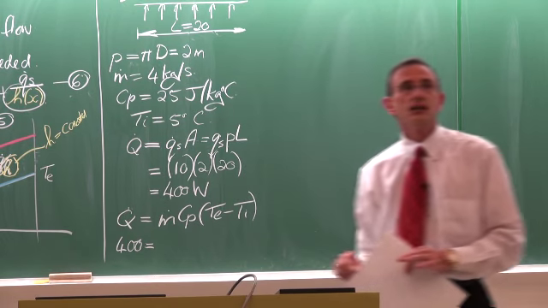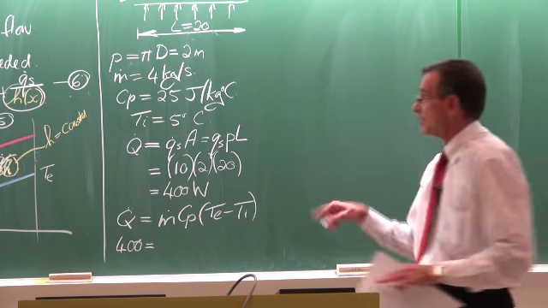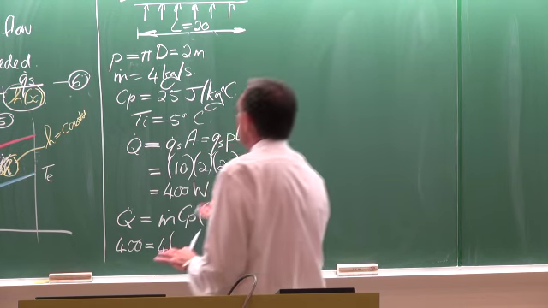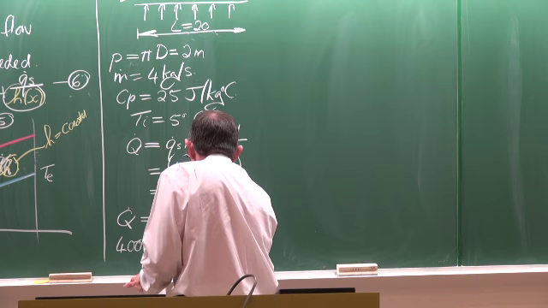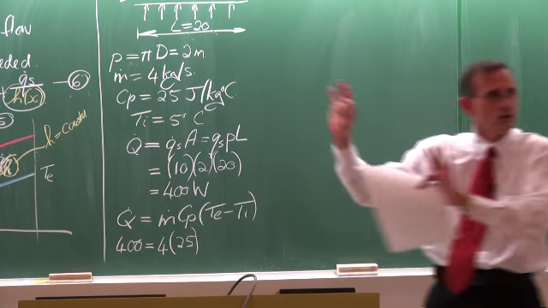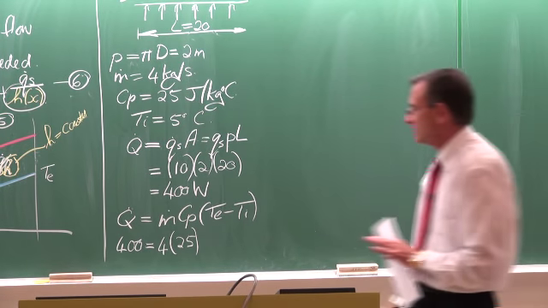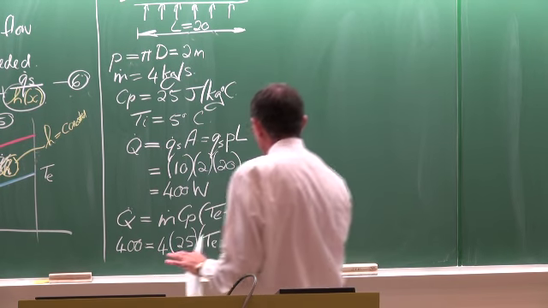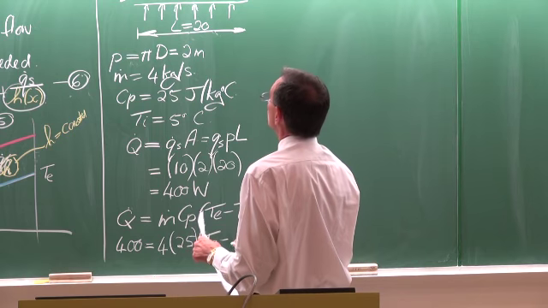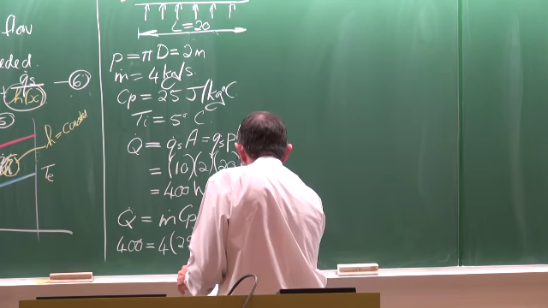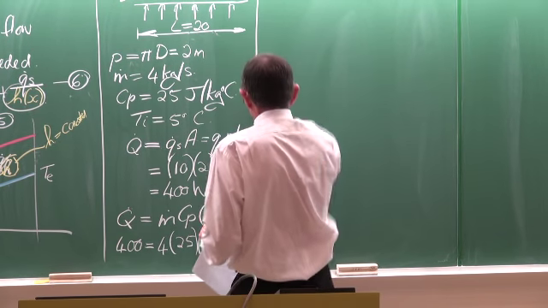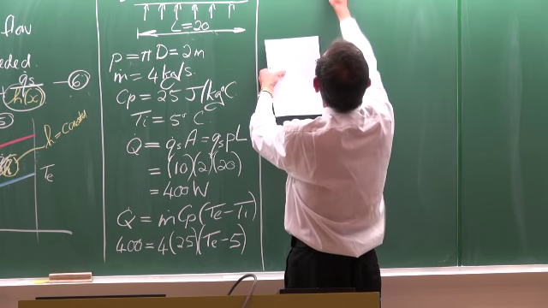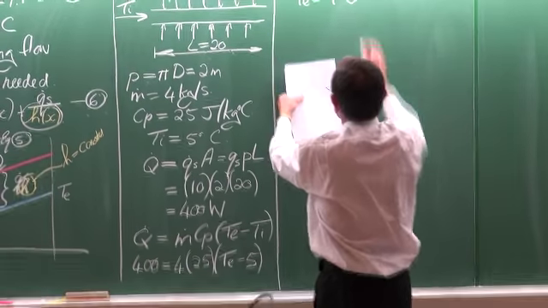It's equal to the mass flow rate, which is 4, Cp 25, so you can see I've selected very easy values to work with, and we would like to calculate the outlet temperature. The inlet temperature is equal to 5. So from that we can calculate that the outlet temperature is equal to 9 degrees Celsius.